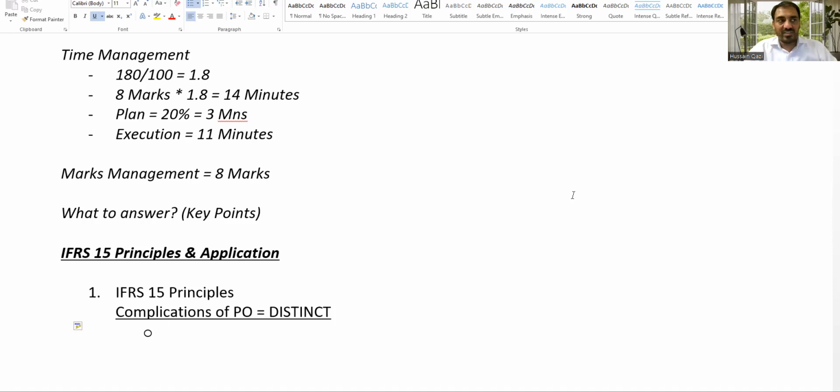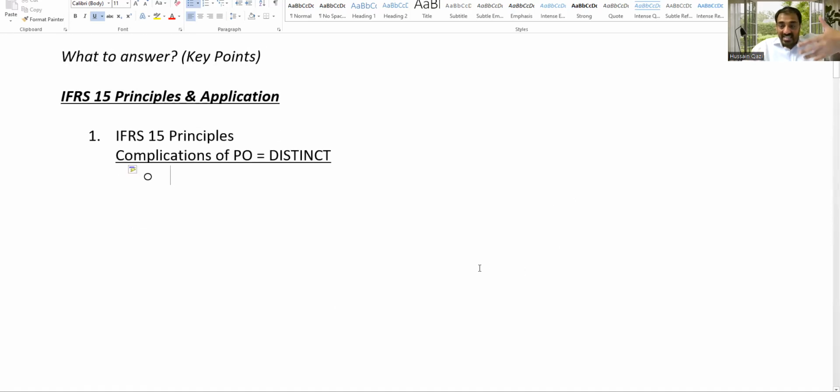If they do not qualify, we consider it a single performance obligation. With the case here, data processing is one service and the granting of license is another. If these two services do not qualify for the rule of distinct performance obligation, it will automatically be considered a single performance obligation. So you have to write that these services of data processing and granting license are not distinct because they do not qualify the distinct principles.